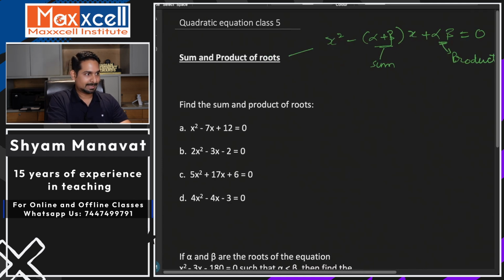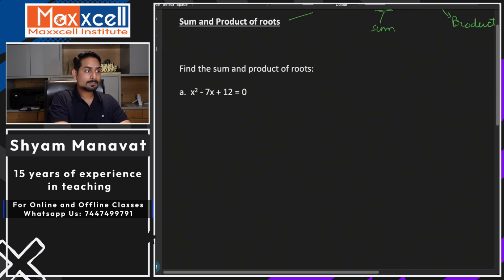Let's see how to deal with that. What do you do if you want to find the sum and product of roots for any quadratic equation? Let's see with an example. First, you need to compare the equation with the standard form of quadratic equation, that is ax square plus bx plus c equals to 0. Then find the values of a, b, c.